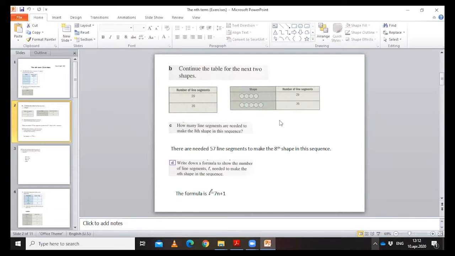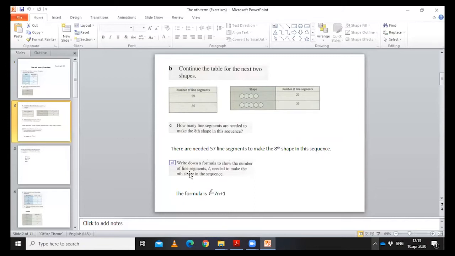For the 7th, 43 plus 7, which is 50. Then for the 8th, 50 plus 7, so 57 line segments. The answer is that 57 line segments are needed to make the 8th shape in this sequence.